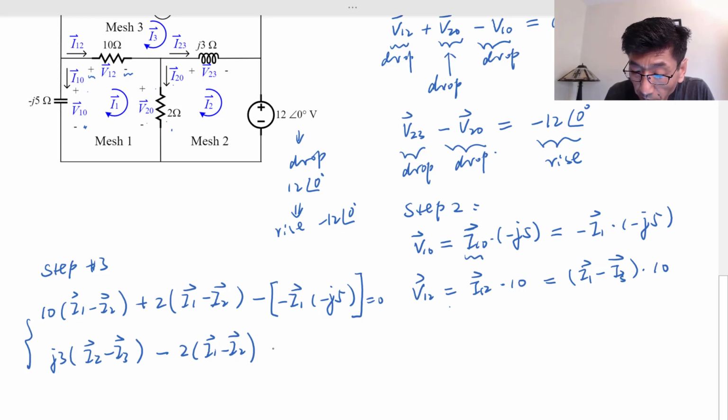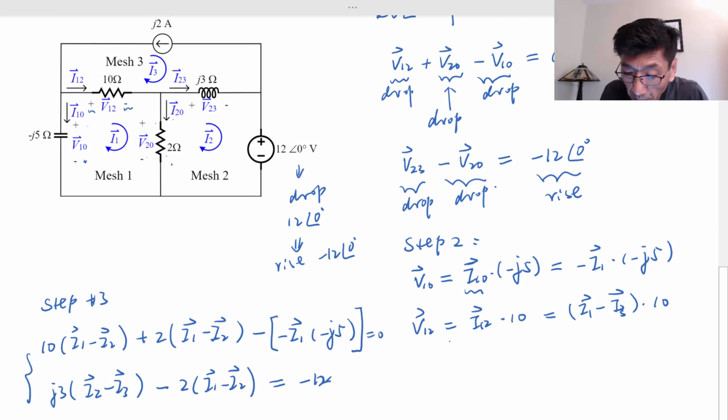That's going to be equal to all the voltage rises, so negative 12. Now we have three unknowns, I1, I2, I3. We are missing one equation, from the third mesh. We cannot write a KVL equation, but we can utilize the element constraints.